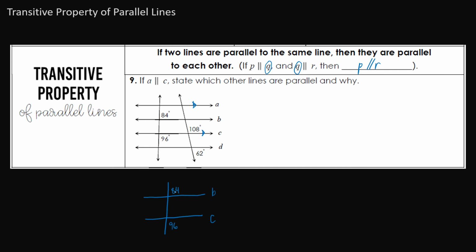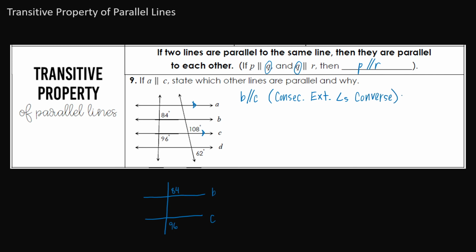That means these are consecutive exterior angles and they are supplementary to each other, which means that lines B and C are parallel. Line B is parallel to line C because of the consecutive exterior angles converse.